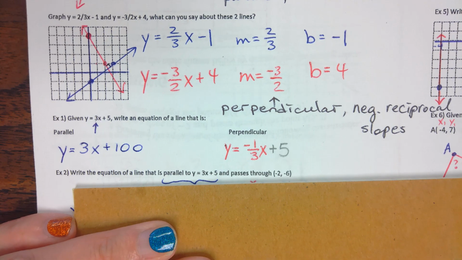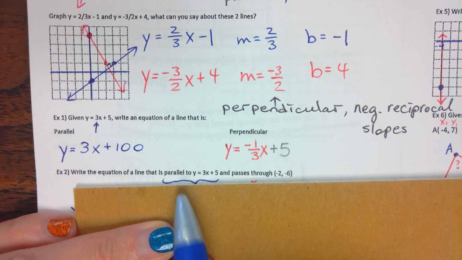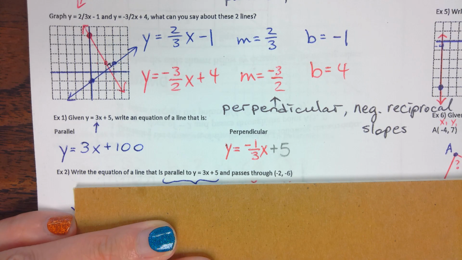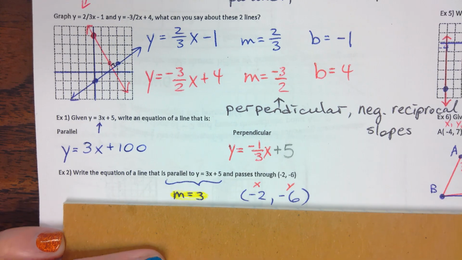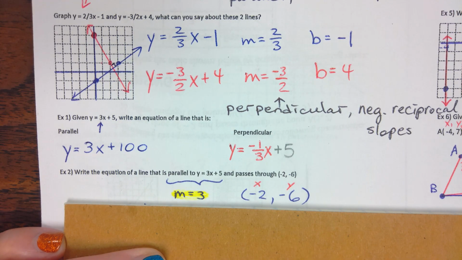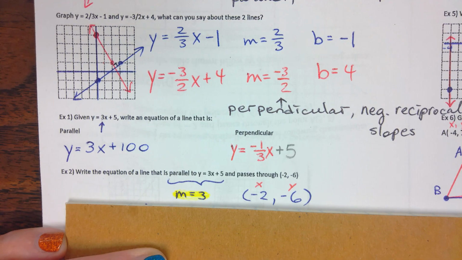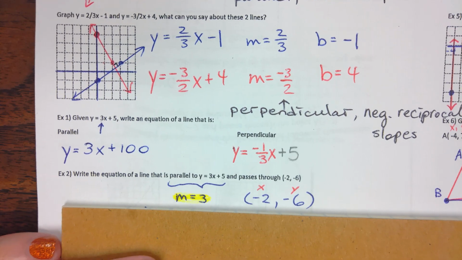So this part right here, parallel to y equals 3x plus 5, what can you imply out of it? Melissa? Slope stays the same, so m equals 3. And you're given a point. Alright, do you see how this is like yesterday's lesson now? Given the slope and a point, find the equation.